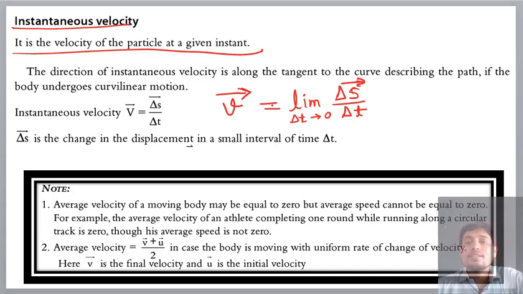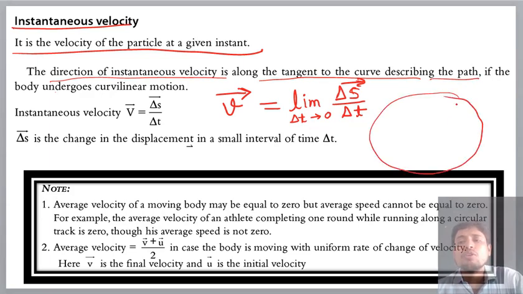Okay. Since it is a velocity, it will also have the direction. So the direction of the instantaneous velocity is along the tangent of the curve describing the path. Suppose the car is moving on a circular path, and at some time the car is at point P. Then what will be the direction of the instantaneous velocity? Along the tangent.